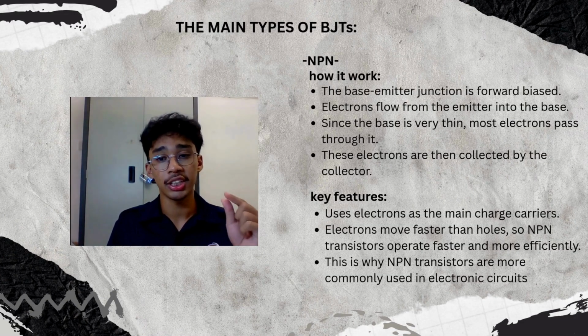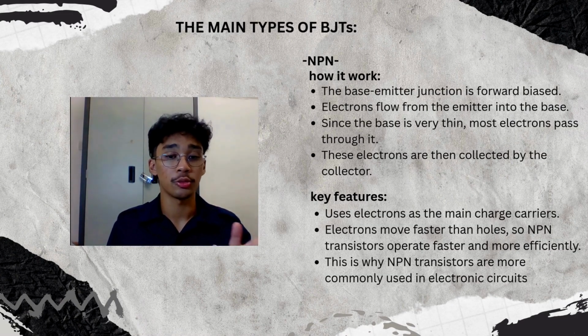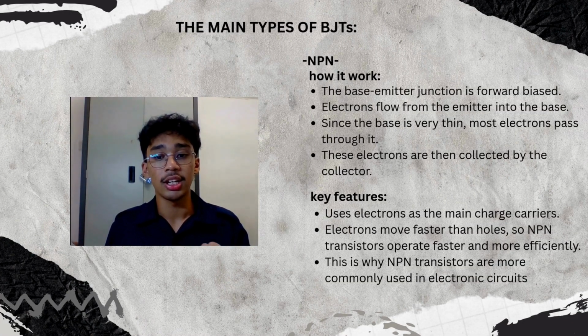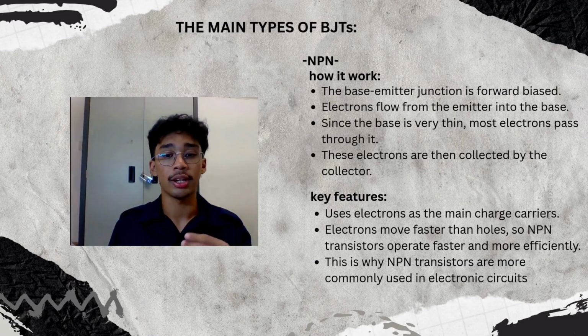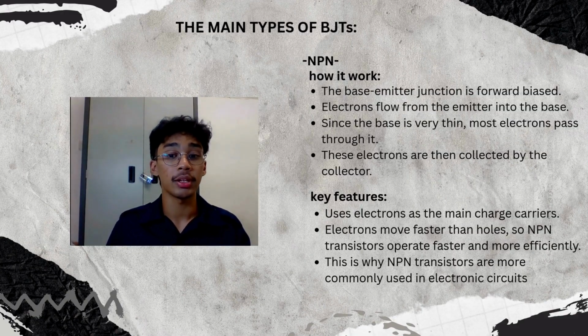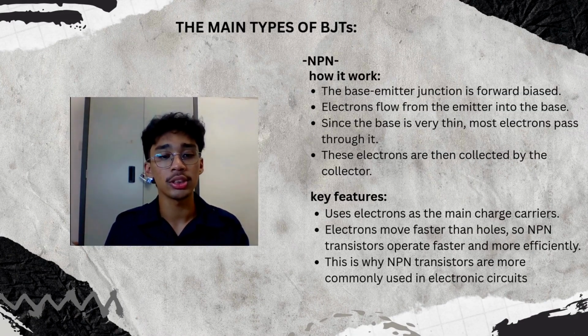Since the base is very thin, most electrons pass through it without any problems. These electrons are then collected by the collector. The key feature is that it uses electrons as the main charge carriers. Electrons move faster than holes, so the NPN transistor operates faster and more efficiently. This is why NPN transistors are more commonly used in electronic circuits.